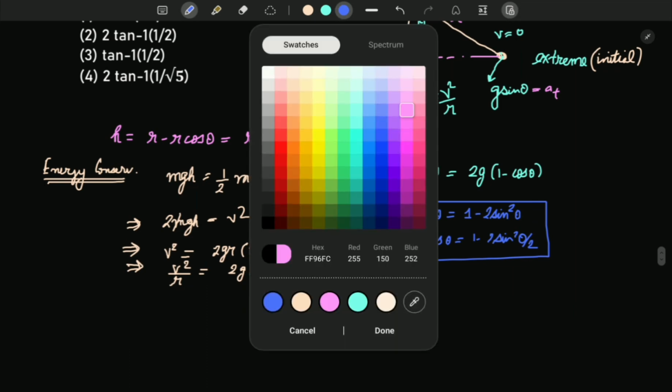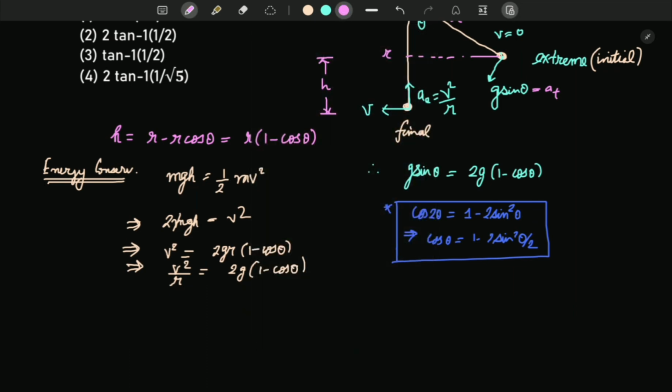So for sine theta I will use 2 sine theta by 2 cos theta by 2. So ultimately I will get g times 2 sine theta by 2 cos theta by 2 equals 2g, and 1 minus cos theta is 2 sine square theta by 2. Now from both sides I can cancel out one sine theta by 2 term, and 2g also gets cancelled.